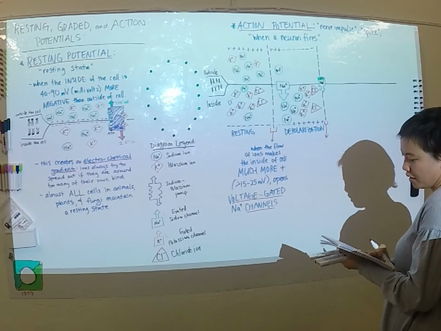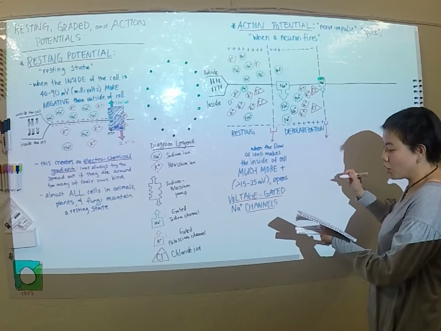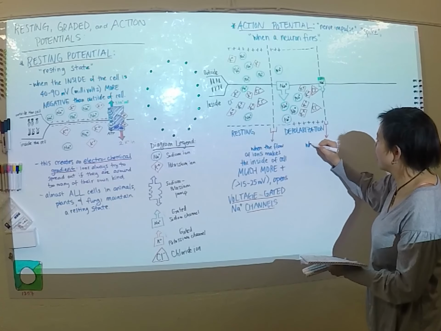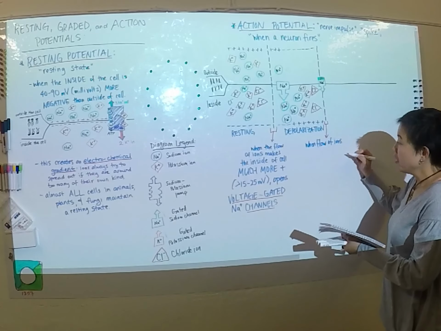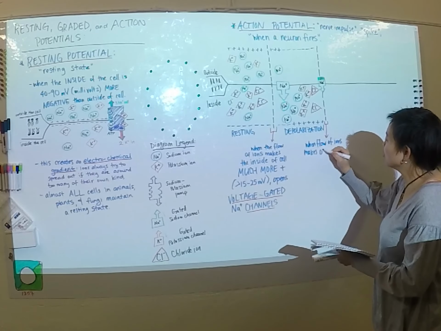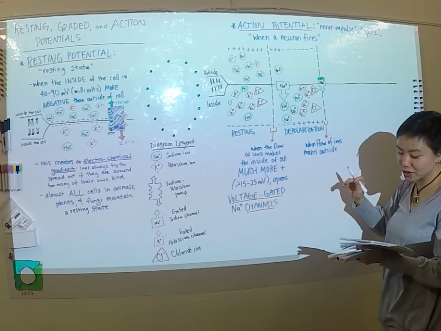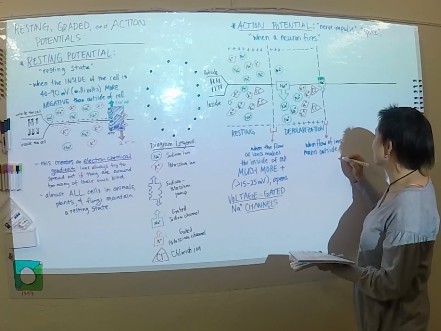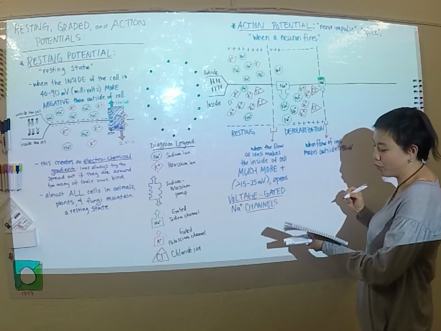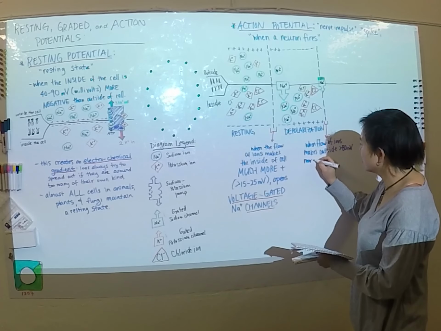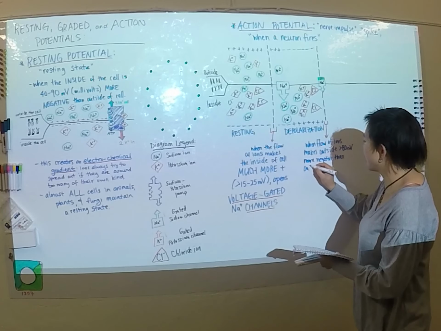So eventually, the outside keeps getting more and more negative, until the flow of ions makes the outside at least 80 millivolts more negative than the inside.